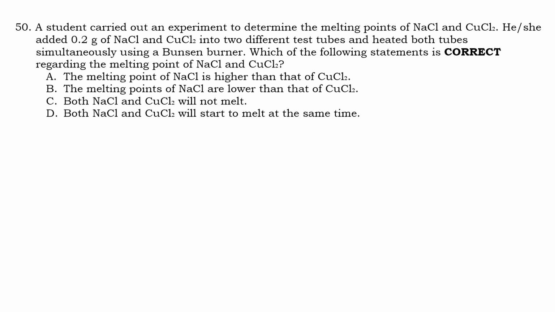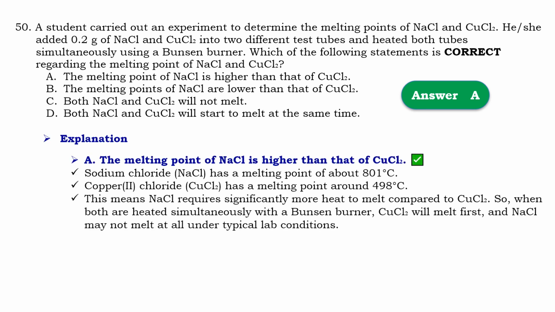Which of the following statements is correct regarding the melting points of sodium chloride and copper chloride? So that should be A. The melting point of sodium chloride is higher than that of copper chloride. This means sodium chloride has a melting point of about 801 degrees Celsius, and copper chloride has a melting point of around 489.